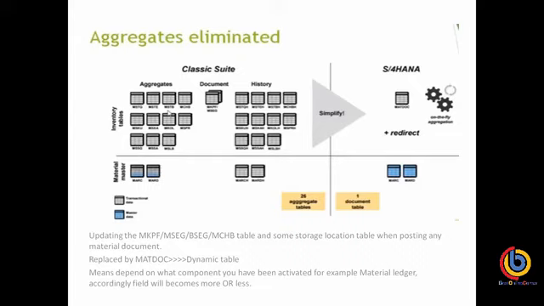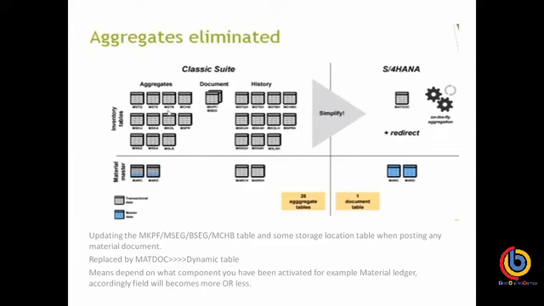SAP has made all those tables obsolete, so there is no more concept of the status tables, index tables and all. In S/4HANA, SAP will store all the information in the VBAK table, VBAP and VBUP tables. We will see everything when we run it on the system. So aggregates are eliminated here.